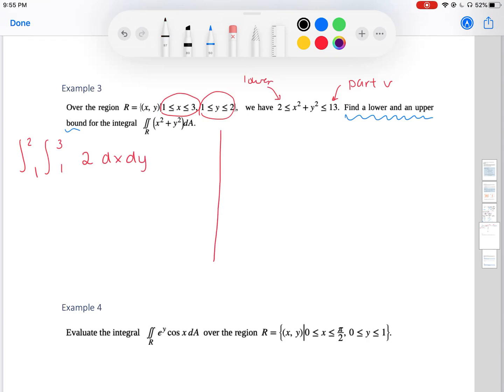All right, so if we integrate 2, we get 2x. From 3 to 1, we get 2 times 3 minus 2 times 1. I'm just doing this part for x.